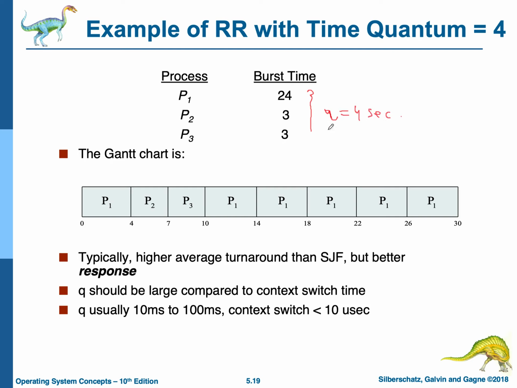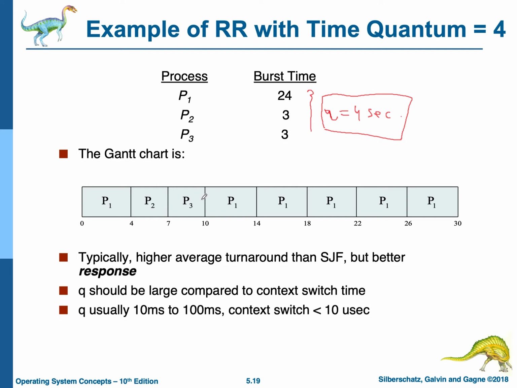P1 was served for 4 seconds, then P2 was served for 3 seconds, and because that is less than the quantum, it completed.